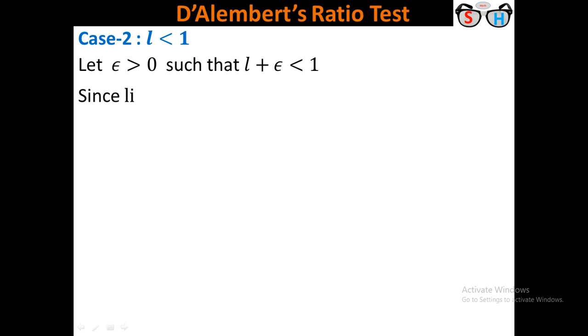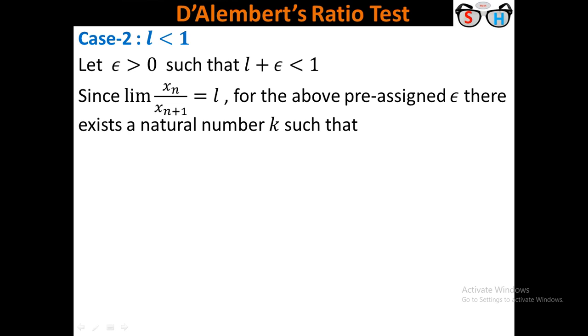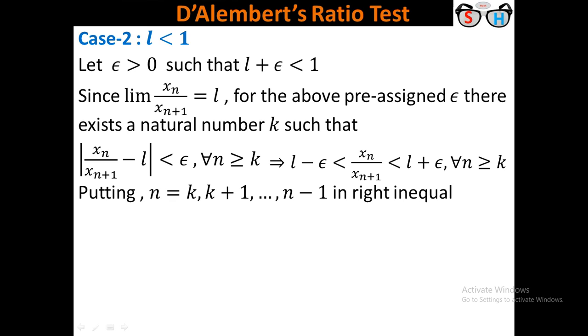So for that epsilon, by using the definition of limit, we get that there exists a natural number, say k, such that mod of x_n upon x_(n+1) minus L is less than epsilon for all n greater than or equal to k. After simplification this will be that. Now here we consider the right inequality, that is x_n upon x_(n+1) is strictly less than L plus epsilon for all n greater than or equal to k, and here I put n equal to k up to n minus 1 in the right inequality.